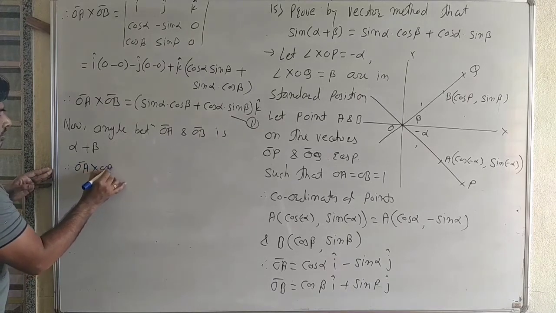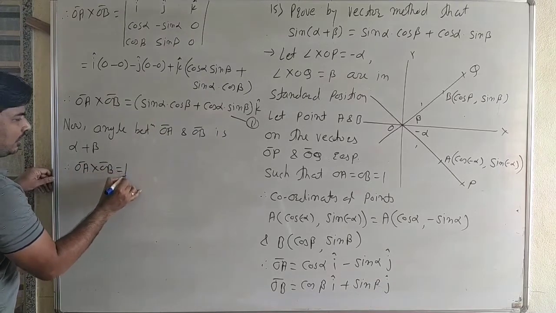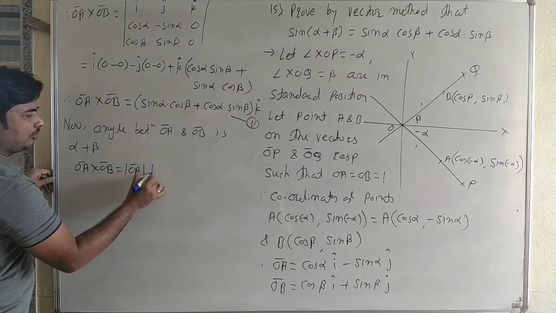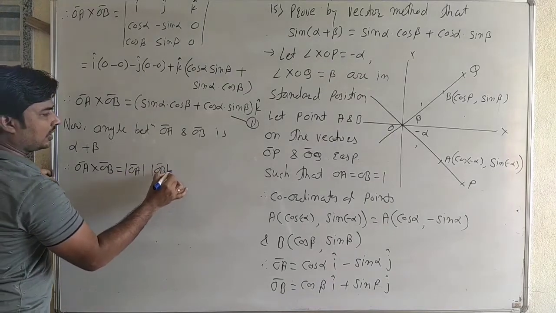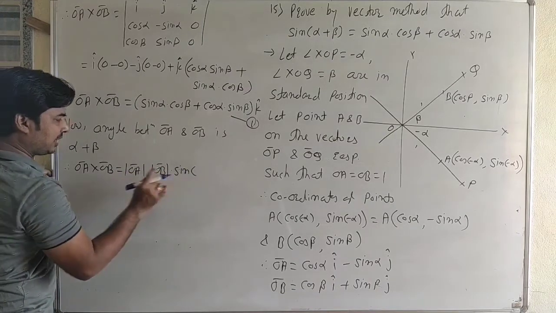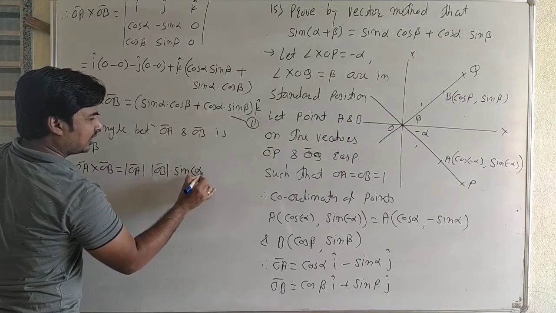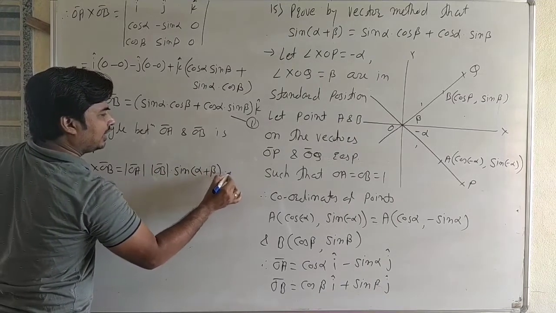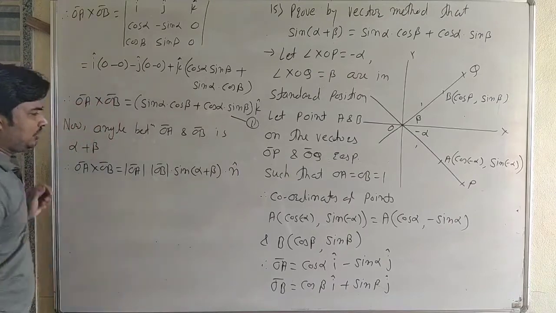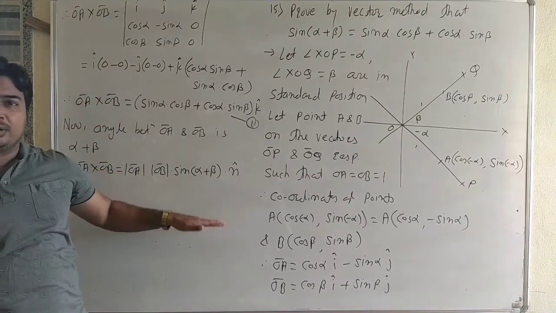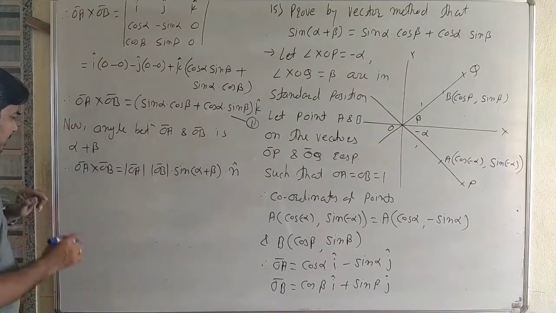Now, therefore, OA cross OB is equal to magnitude of OA, magnitude of OB into sine theta, where theta means the angle between these two vectors, which is alpha plus beta, and into n cap. Okay, n cap is a unit vector perpendicular to both the vectors.